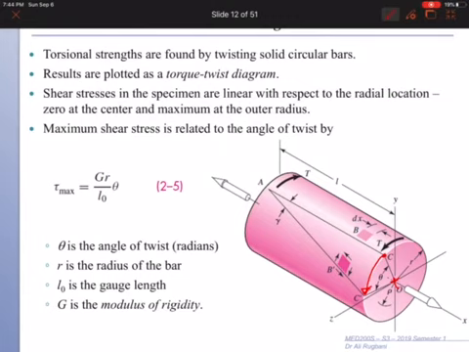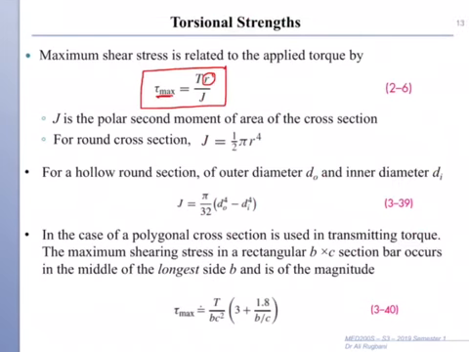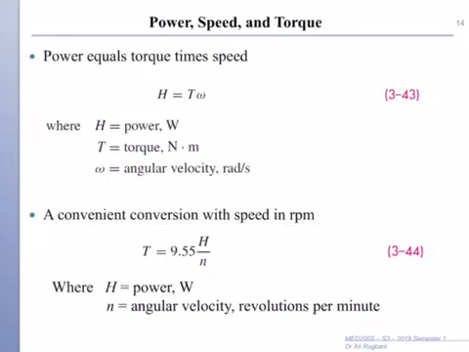So shear stress at the center is 0 if this is the cross section and this is the center. Shear stress at the outer surface will have maximum value, and shear stress at the center is 0. So in the formula we use R, radius, for the outside surface.